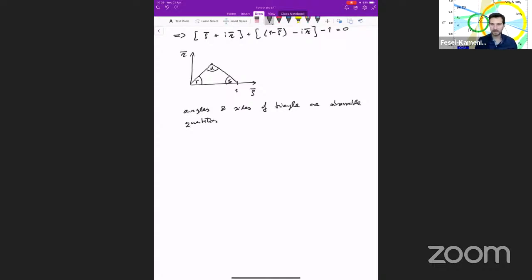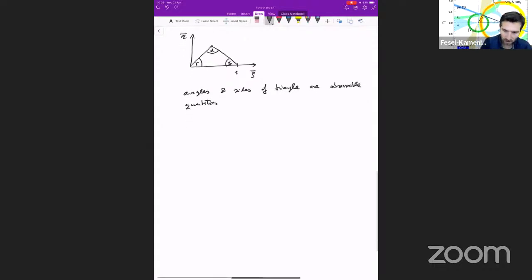Another important property of the CKM in relation to CP violation is that if we actually look at the values of rho bar and eta bar, let me just for this purpose write them out again.